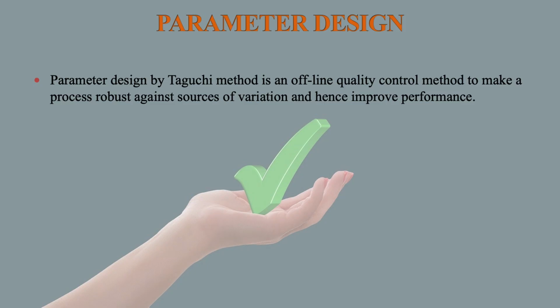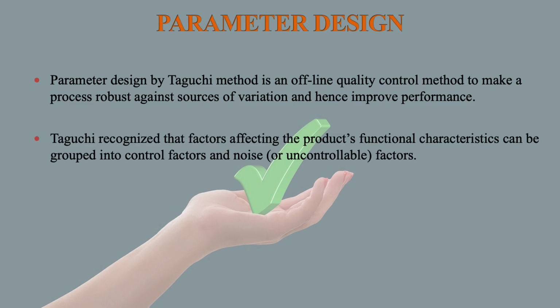Then parameter design. Parameter design by the Taguchi method is an offline quality control method to make a process robust against sources of variation and hence improve performance. Taguchi recognized that factors affecting the product's functional characteristics can be grouped into control factors and noise factors.